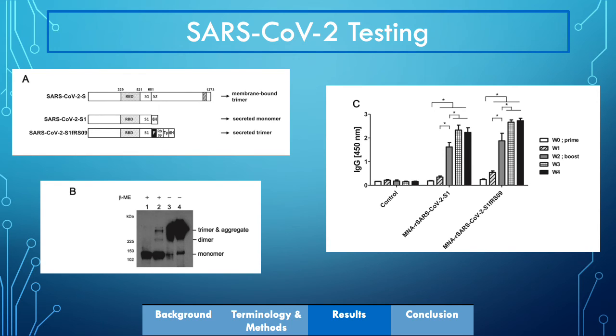And then down here in figure B, you have another Western blot that essentially shows you, in lanes 1 and 3, that's your SARS-CoV-2 S1, and then lanes 2 and 4, that's your SARS-CoV-2 S1 trimer, and that's basically showing the trimers versus the monomers there to prove that they are there and that they're super stable.